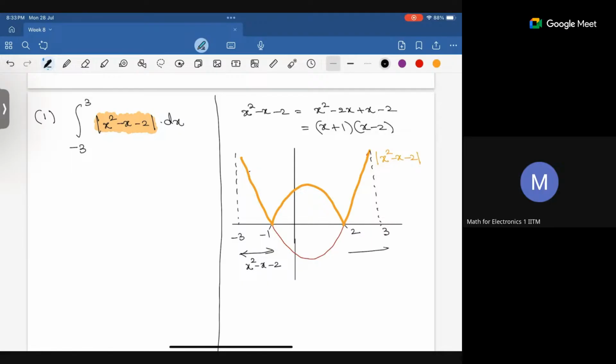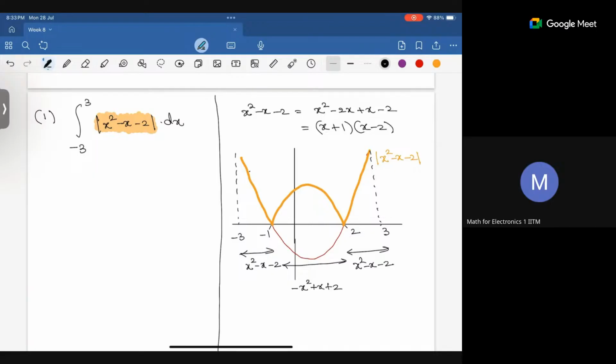And from 2 to 3 also, the function is x square minus x minus 2. But within -1 to 2, it's not x square minus x minus 2. Rather, it will be the negative of this. Because x square minus x minus 2 is negative, if I take the negative of a negative, it will become positive. So within this, it will be minus x square plus x plus 2.